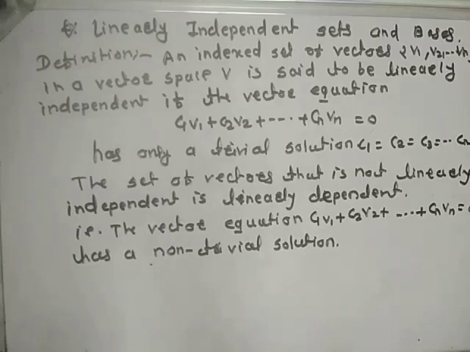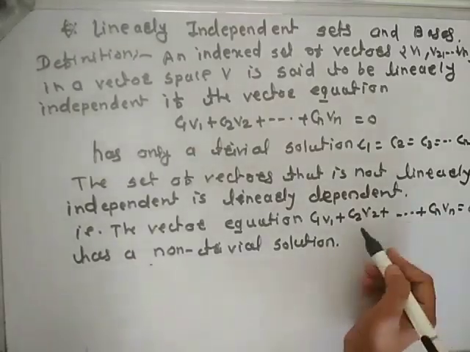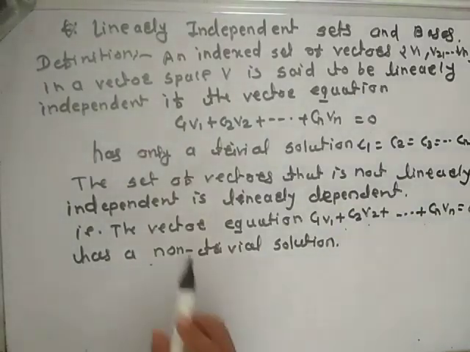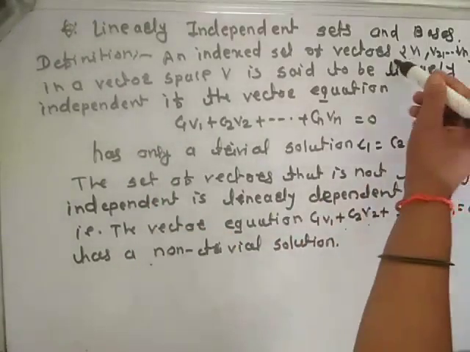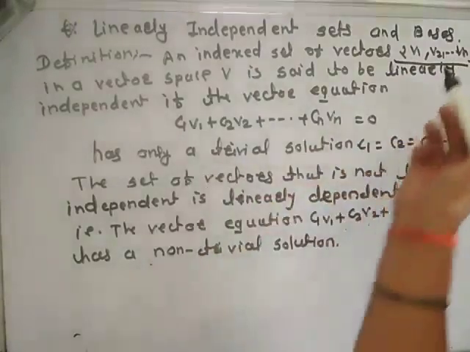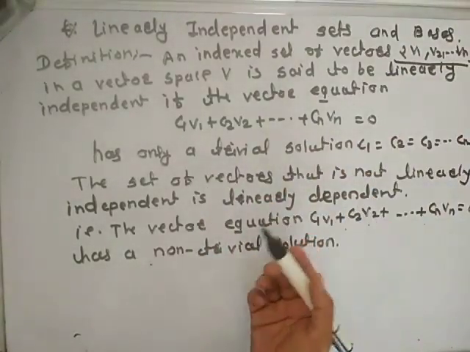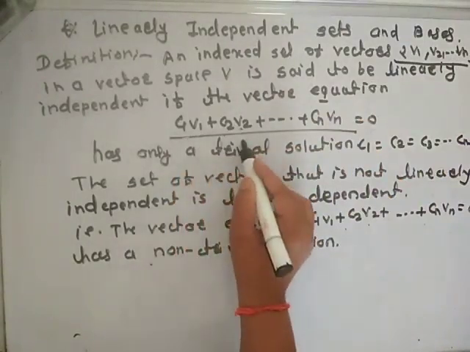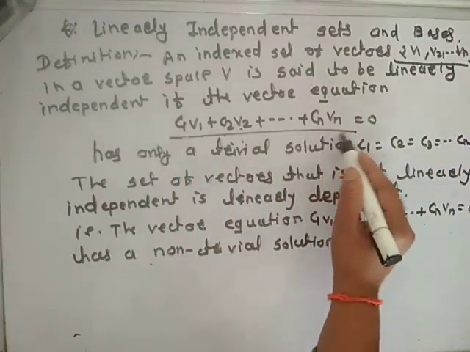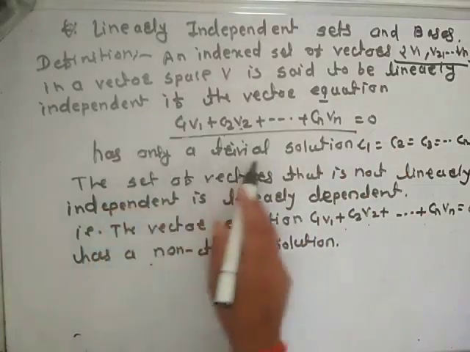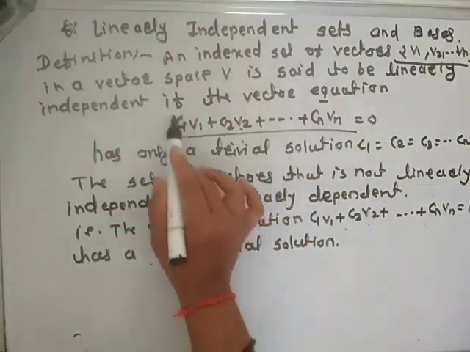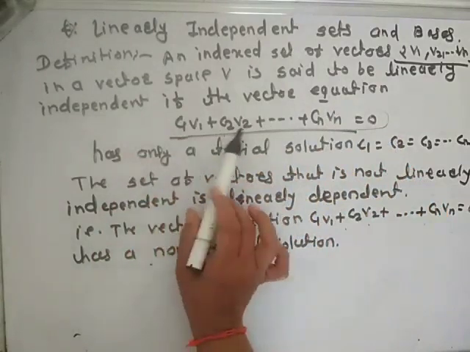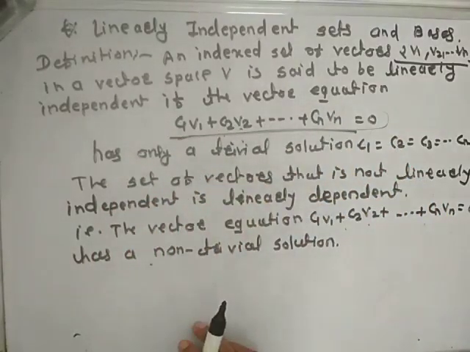This means the constants c1, c2, up to cn are not all 0. See here, we say that this set of vectors is linearly independent if the vector equation c1v1 plus c2v2 plus and so on cnvn equals 0 has only the trivial solution, that is, c1, c2, cn are all 0.